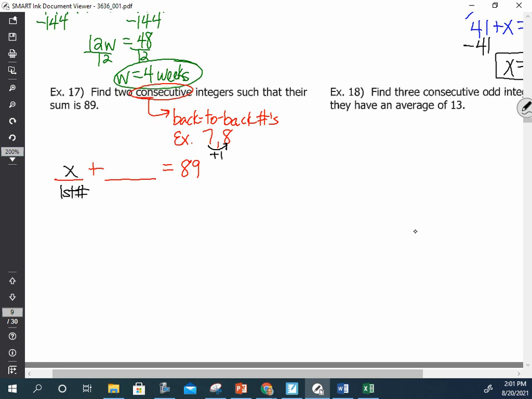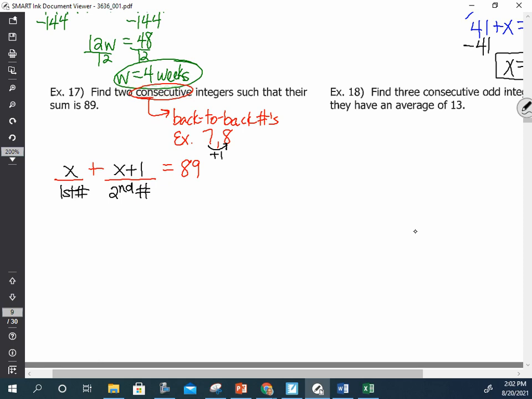So to get from x to the next number, we're simply going to add 1. Because once we know the first number, all we have to do is add 1 to it. We have the second number. So there's our equation. x plus x plus 1 equals 89.